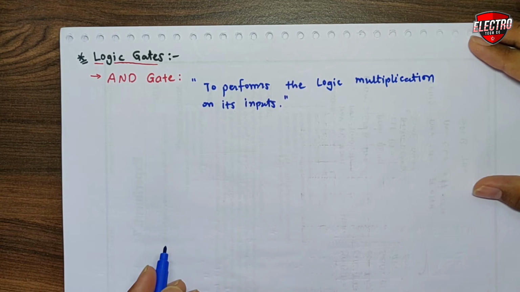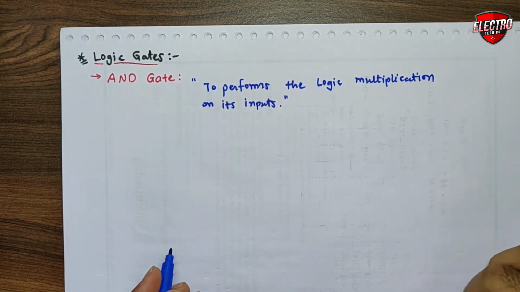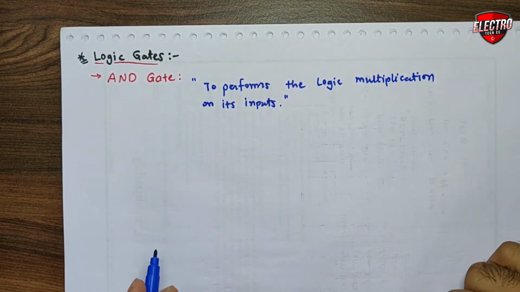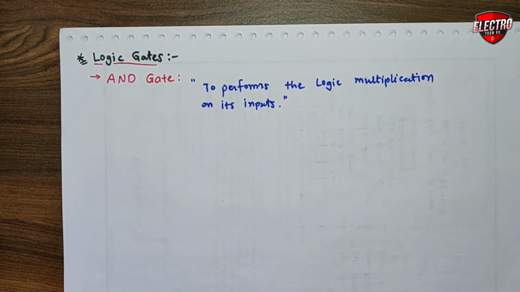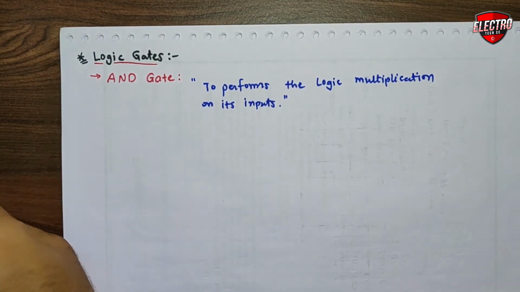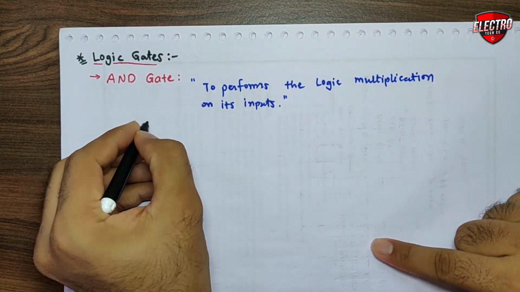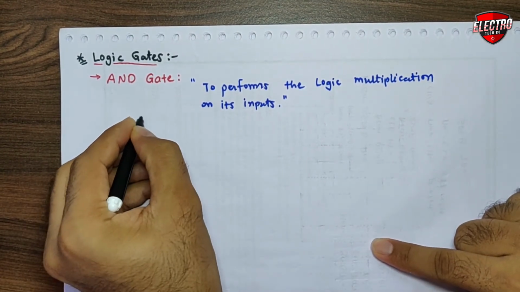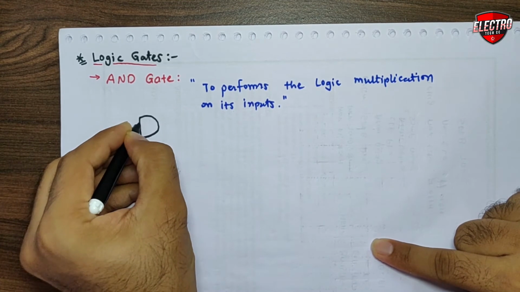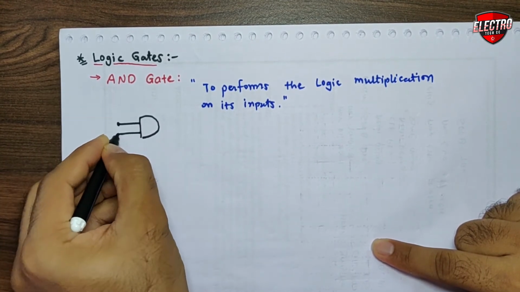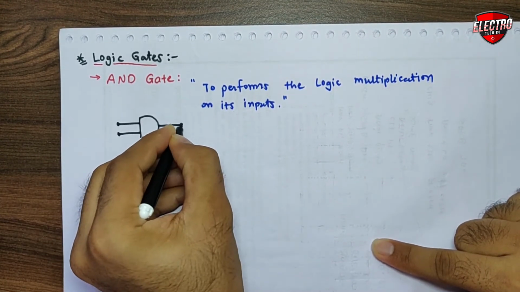The function of the AND gate is to perform multiplication of its input signal, and the symbol of the AND gate is like an AND half circle, and here are the input signals and one output signal.